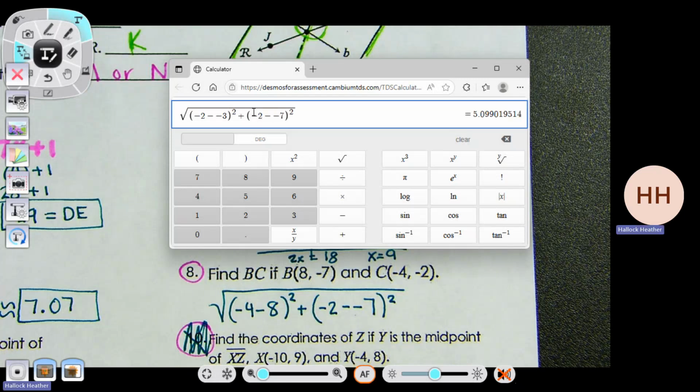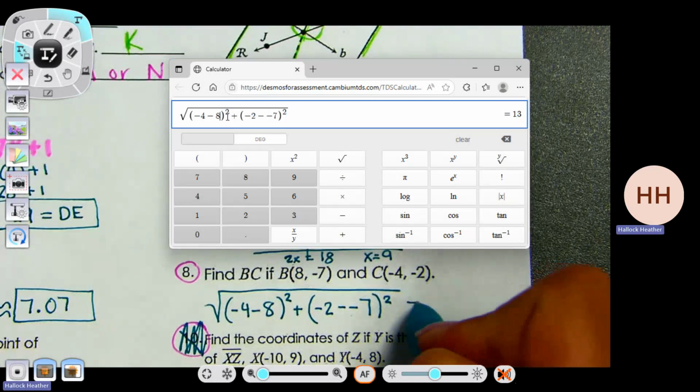Minus -7. Minus 8. So you get, I think that says 13 exactly. Yeah, 13. So this is exactly 13, which is nice.